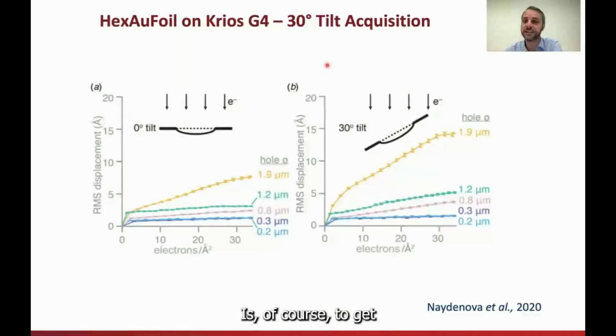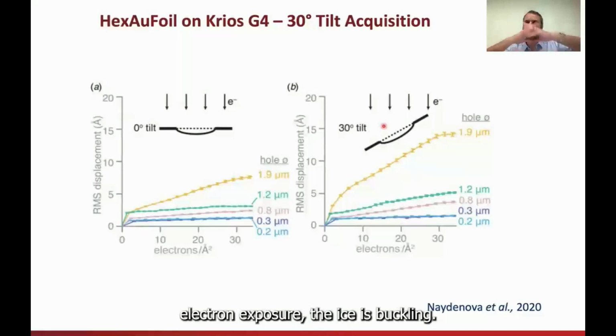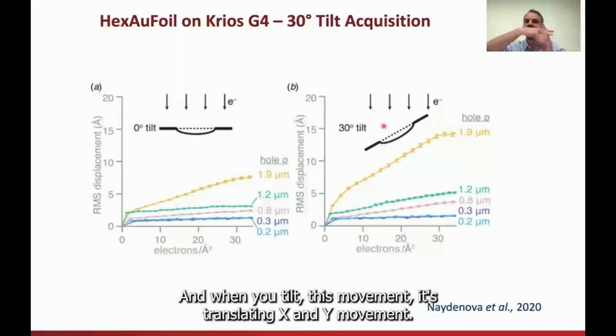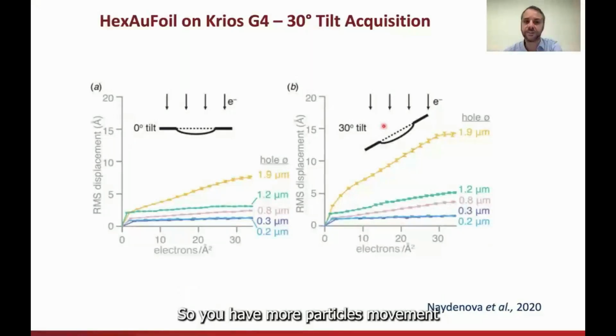Of course, to get the missing information, the missing views, in case of preferential orientations. The problem is you increase movement, because in theory, upon electron exposure, the ice is buckling. When you tilt, this movement is translated into X and Y movement, so you have more particle movement upon exposure.